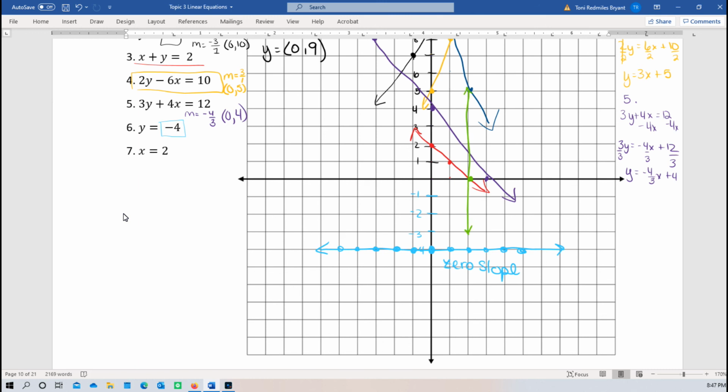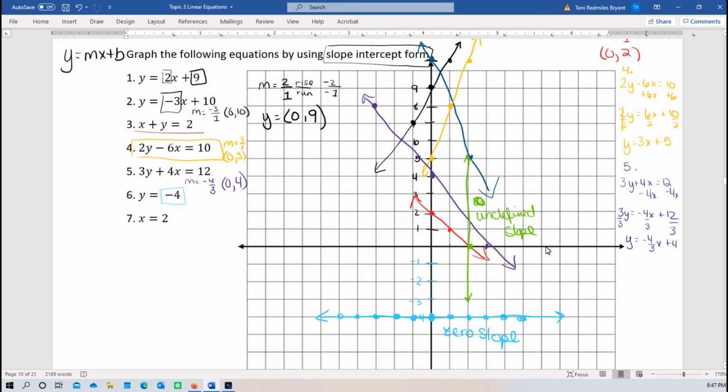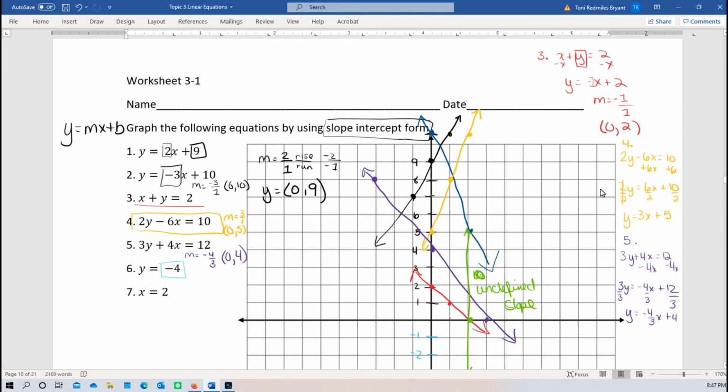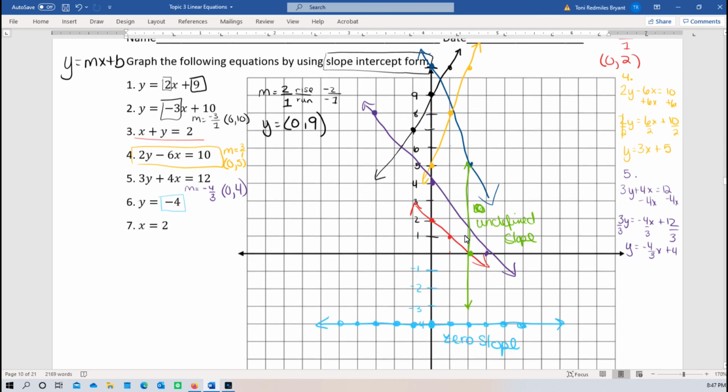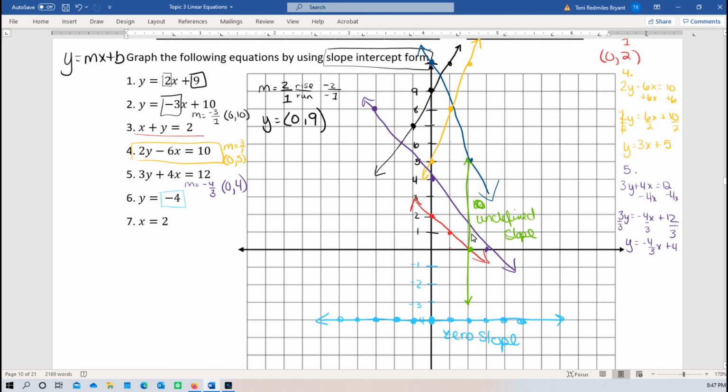And remember, this is our vertical one, which is undefined slope. All right. Very good. So that's how you graph using the slope-intercept form. Can't really use slope-intercept form in the last two. So they're going to look the same for all of these types of equations, these types of worksheets.